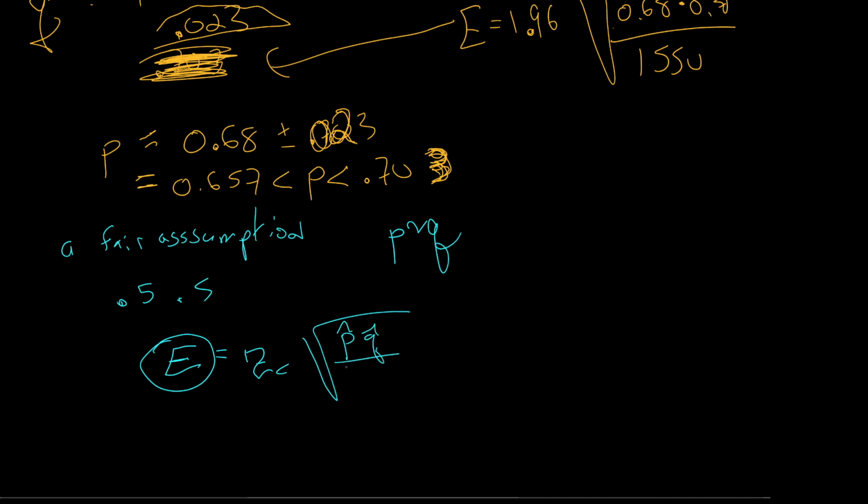we can reverse this process. But what I'm going to do is I'm going to replace P and Q with that we're close to 0.5. We're close to 50-50. Without any assumptions of what we're going to get in the experiment, we suspect things to be 50-50. If our model tells us otherwise, we can update that. And so I'm going to do the same arrangement here. I'm going to divide how close I want to be in percentage by the critical value.